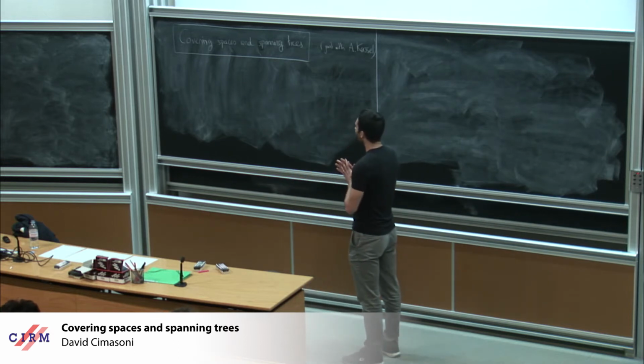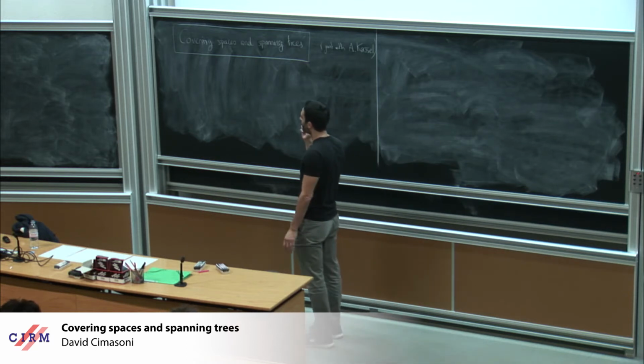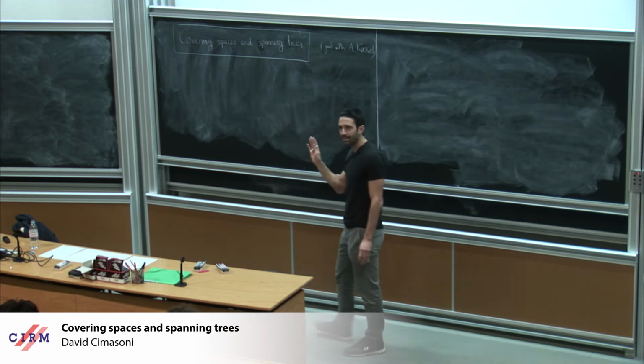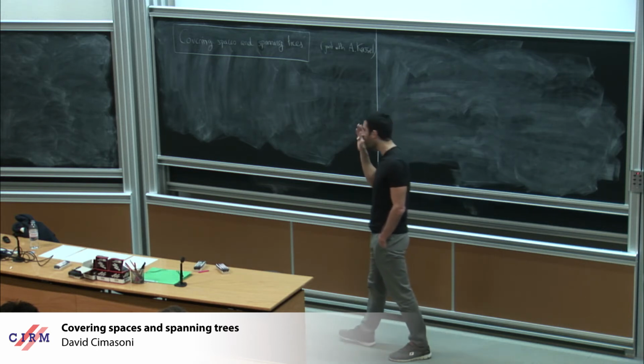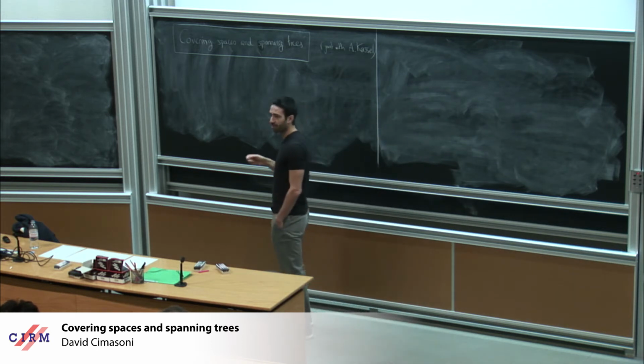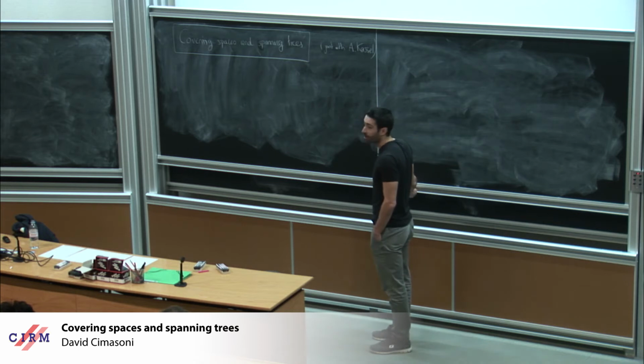So, I want to apologize in advance. As you see by my title, there's going to be no embeddings, maybe some at the end, very little, and no knotted objects. So it's not a talk that is very much in the topic of the conference, but I do think this is something that I'm working on right now.